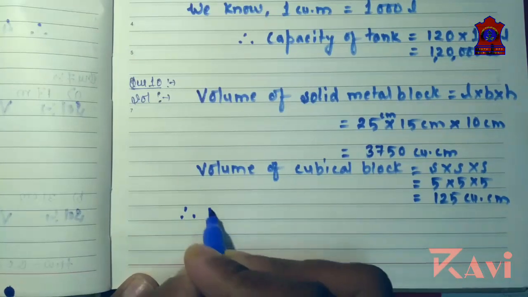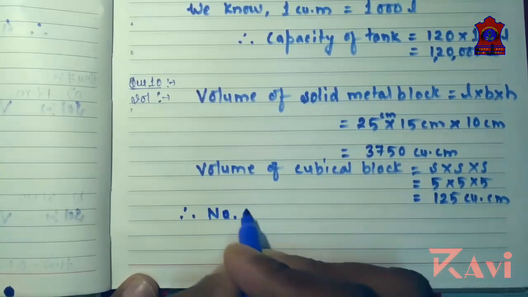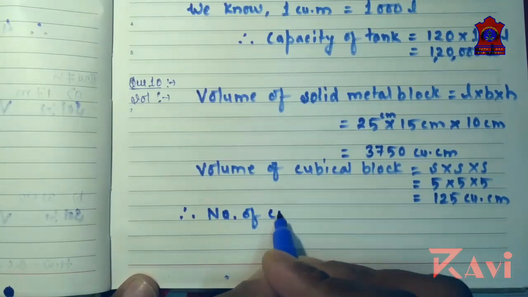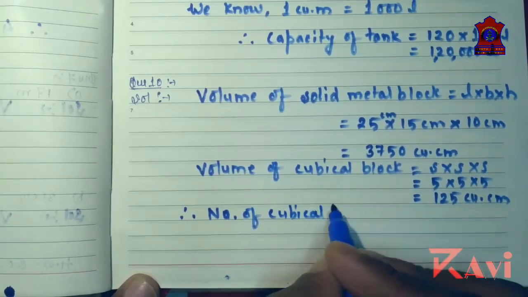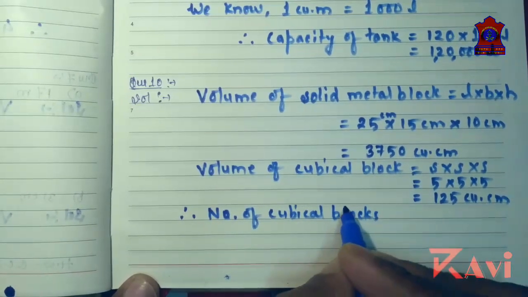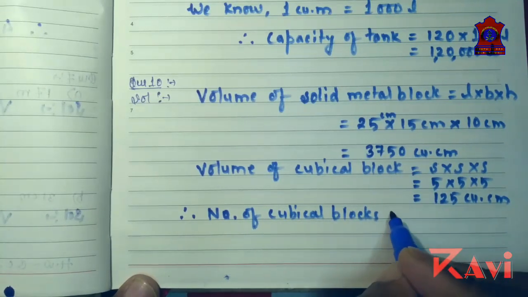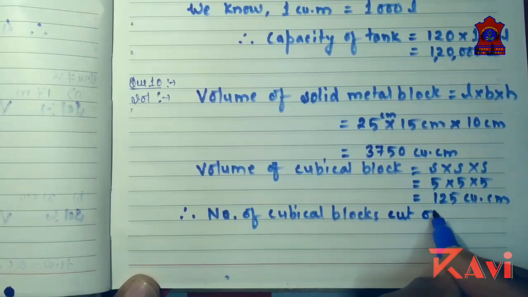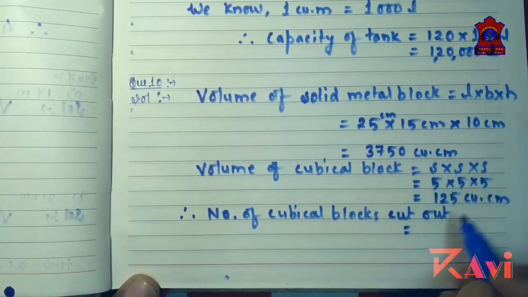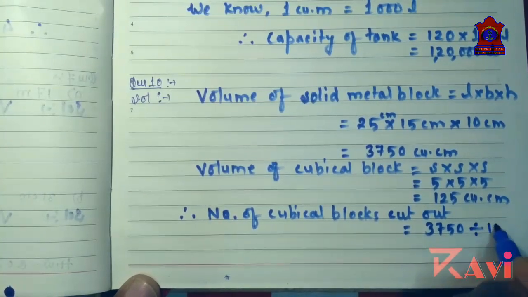Therefore, number of cubical blocks cut out equals to this divided by this, 3750 divided by 125. See here, when we divide 3750 by 125, we'll get 30.